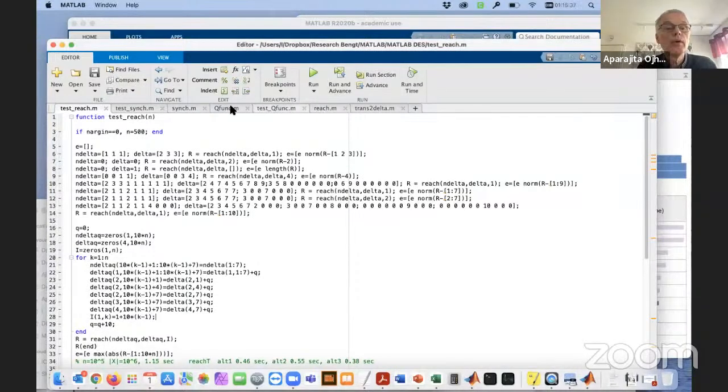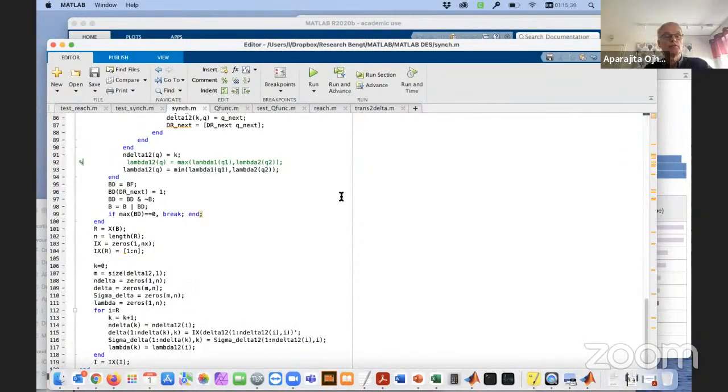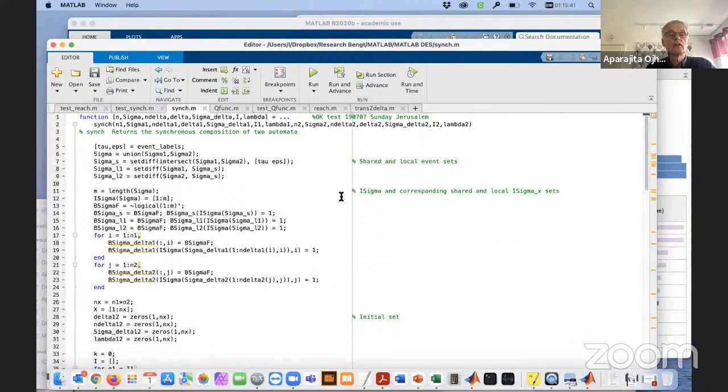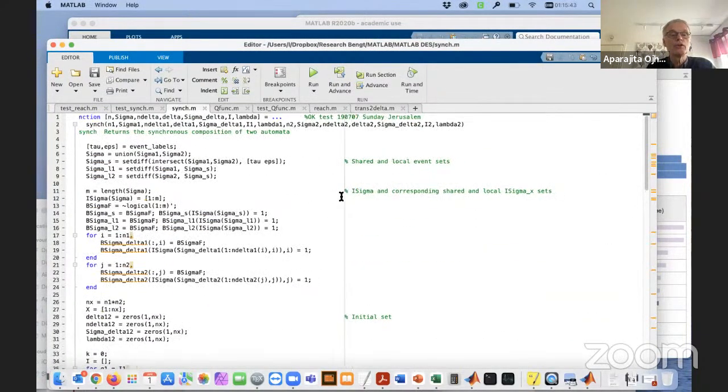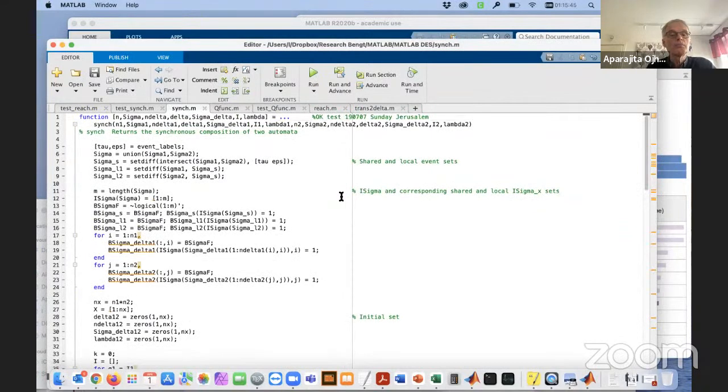Okay, so then we go for the sync function. Actually, that is significantly larger, but it's also based on these delta functions. And then you also need the events.